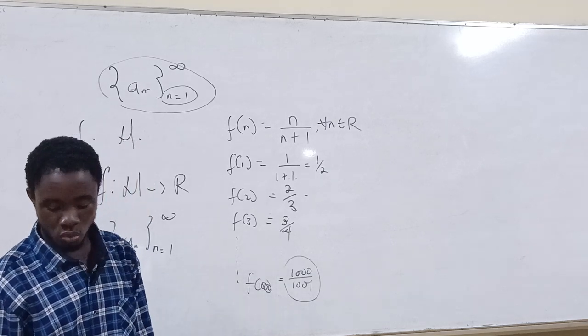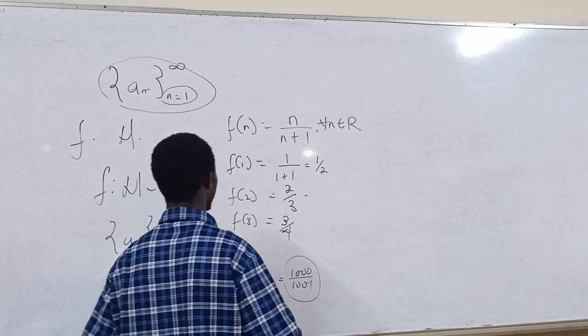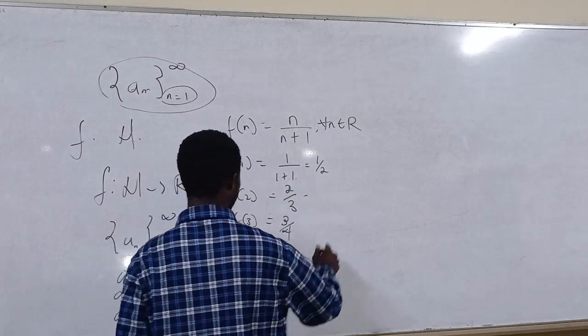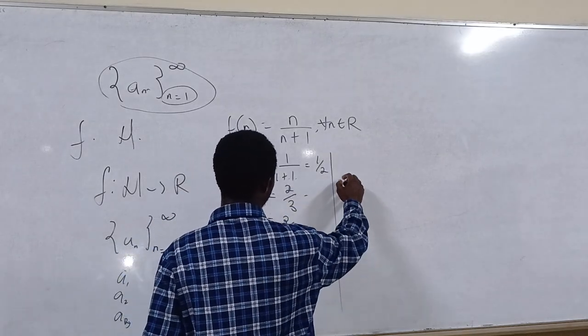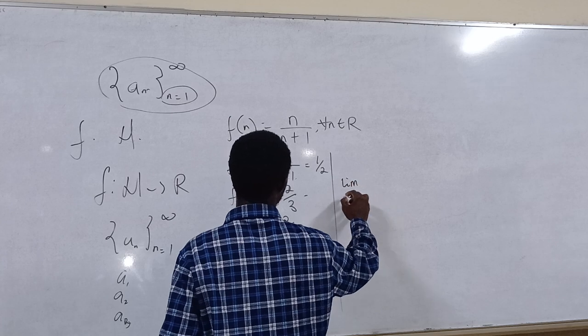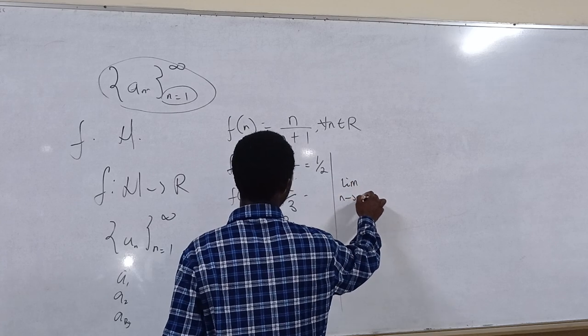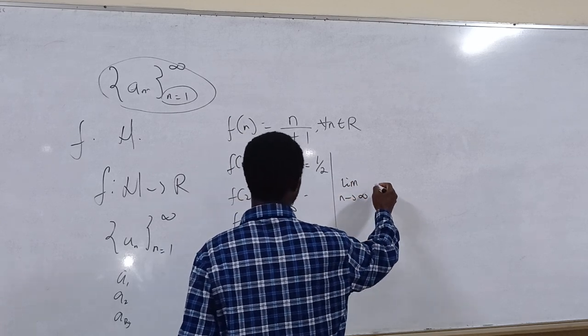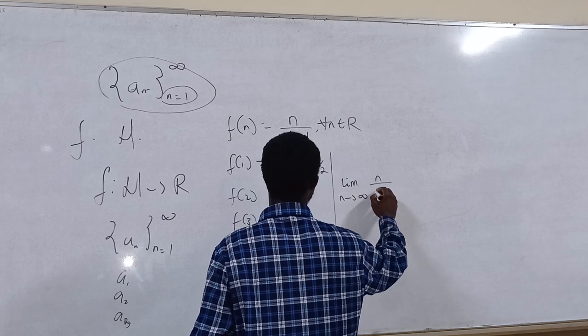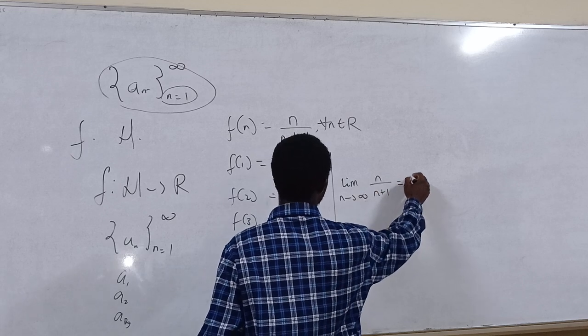So with this idea, we can apply the limit. If I write it, it means that the limit as n approaches infinity of n divided by n plus 1 is 1.